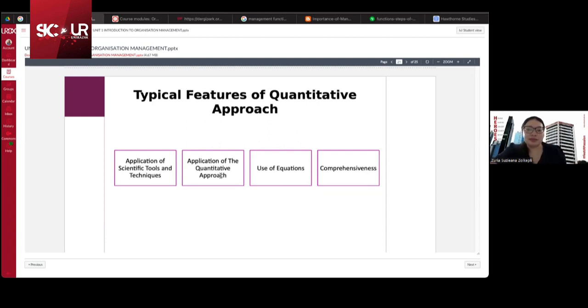We also have digital supply chain systems with our suppliers to make it easier. The use of equations and comprehensiveness, a one stop center for everything. If you are in human resource, you have an information system where everything is under one system.